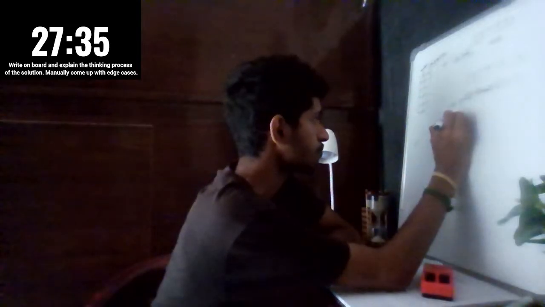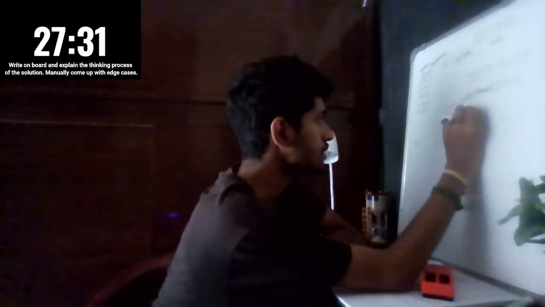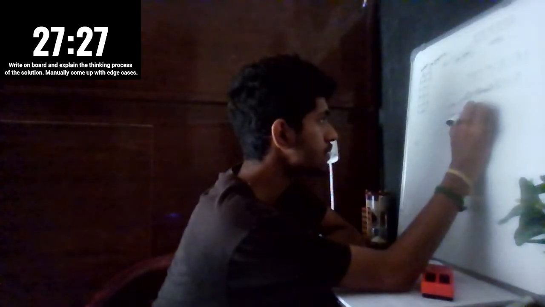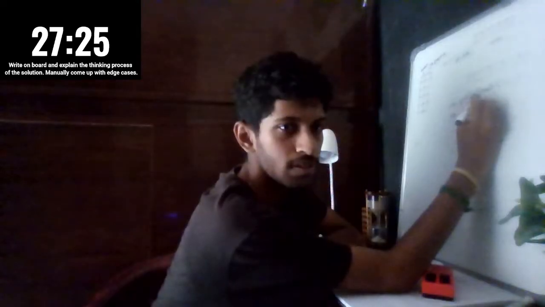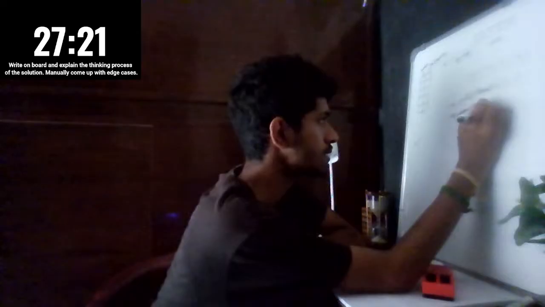Okay. So map dot compute if present. I mean, we don't actually need this because we are already checking whether it is absent or not.